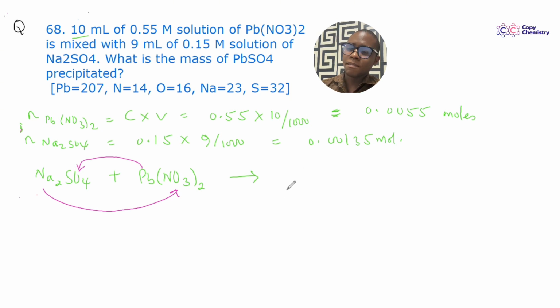So let's write our product. We have Na combining with the nitrate, combines like this, NaNO3, because the nitrate is usually NO3 minus, and your sodium is usually Na plus. So it just gives you NaNO3. There's no 2 anywhere.